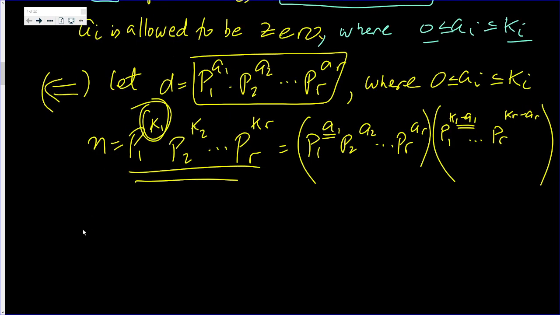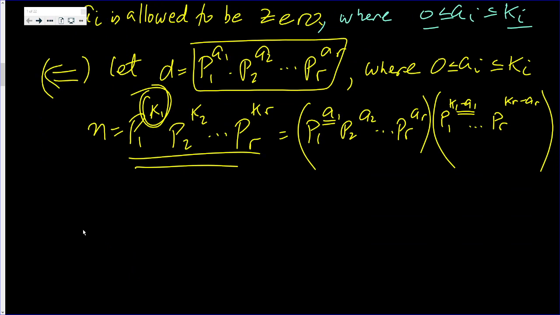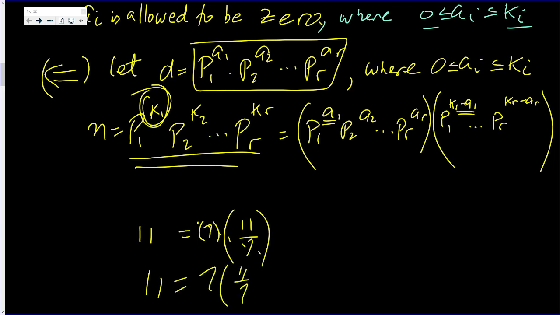Now, is that enough? Like, I can say that 11 is 7 times, well, if I want 11, I put it there, and then I divide by 7 to kill off that 7. So 11 is 7 times this number. Therefore, 7 is a divisor of 11.